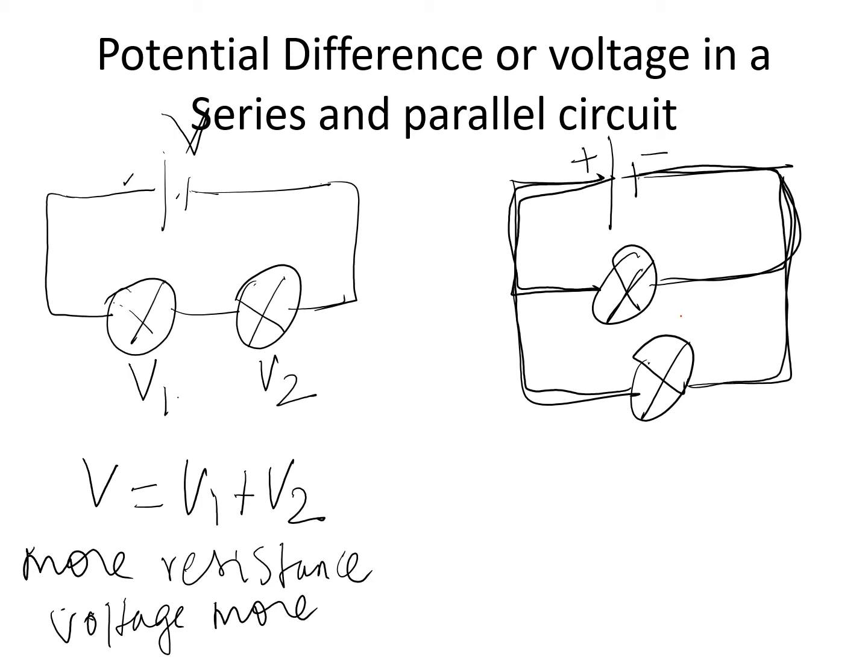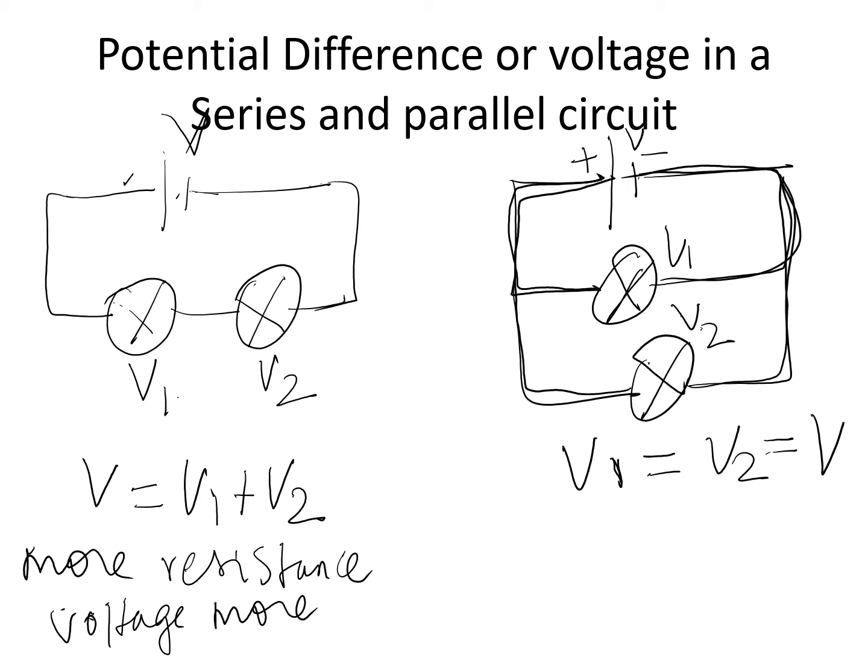So whatever is the main voltage, whatever is the voltage across the battery, whatever is the total voltage, that stays the same. So V1 and V2 will be the same voltage across the bulbs, and that will be equal to the voltage of the power supply or the main voltage or the total voltage in the circuit.